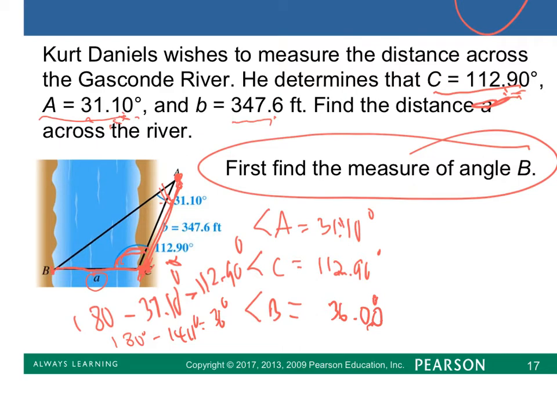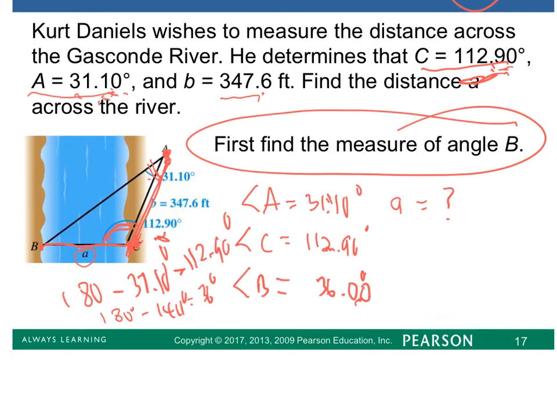Now, what do we know about side A? Were we given it? No, side A is what we're looking for. That's the distance across the river. Side C. Was I given side C?